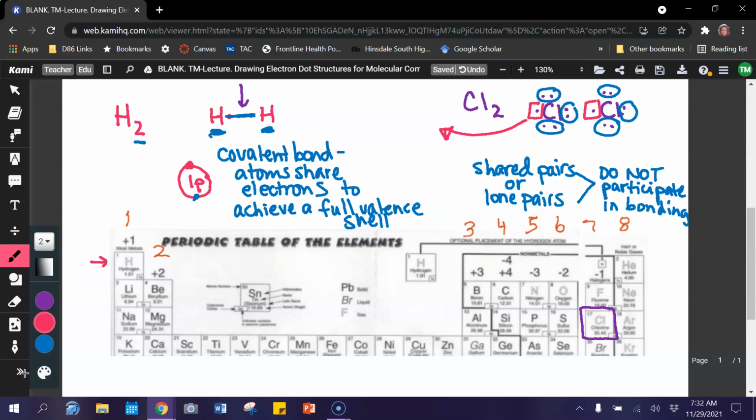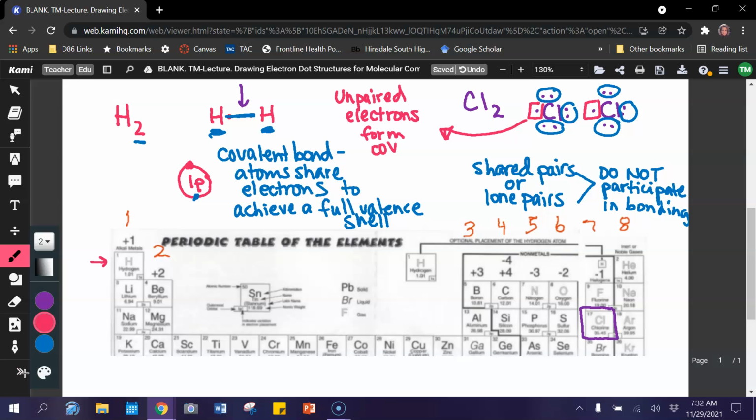These electrons are called unpaired electrons. These are the ones that form covalent bonds. So unpaired electrons form covalent bonds.